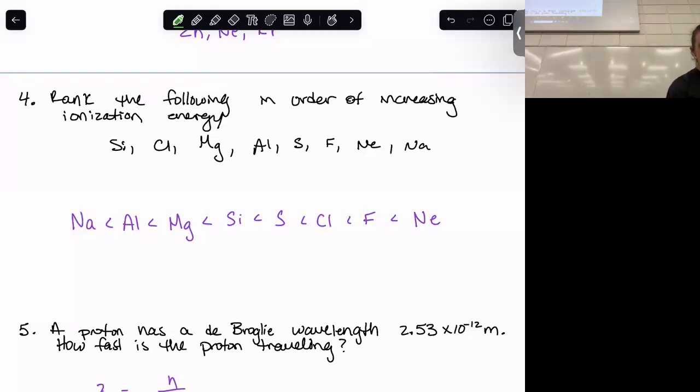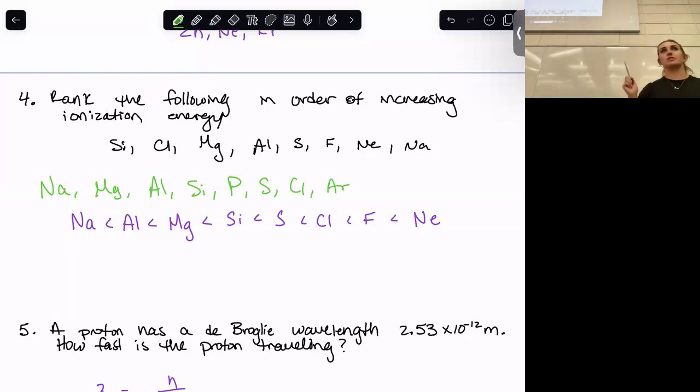So if we look at going across the periodic table, we have sodium, magnesium, aluminum, silicon, phosphorus, sulfur, chlorine, argon. Ionization energy is similar to atomic radius, where it depends more on where it is on the periodic table going down. The larger the element, the bigger the effect on ionization energy it'll have first before going across.